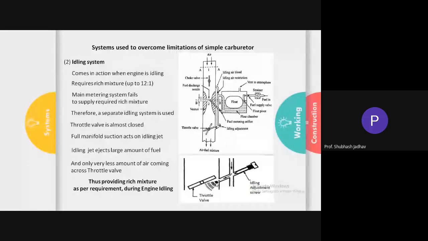Okay, so what he's actually doing is screwing this in or out. So when he screws in, here the flow becomes lesser. When the flow becomes lesser, the mixture becomes less rich. Okay, so the amount of fuel in the mixture prepared will be lesser.